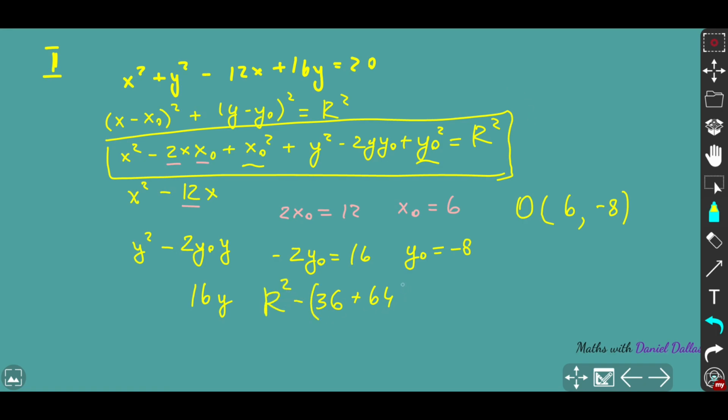We just compare now the free coefficients. Okay, and it's going to be 20. And as you understand, this will add up to 100. And if you transfer to the right, we'll get r squared equals 120. So if you're comfortable with this way, make sure you can do that. This is way 2.